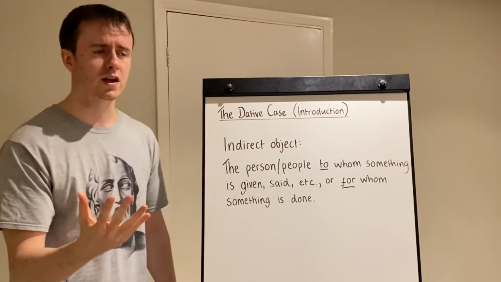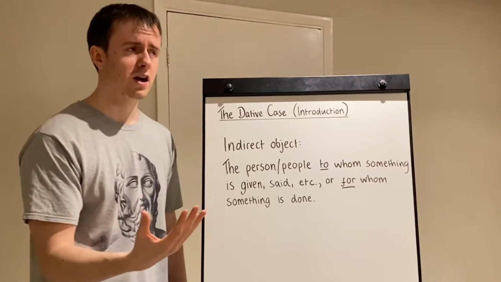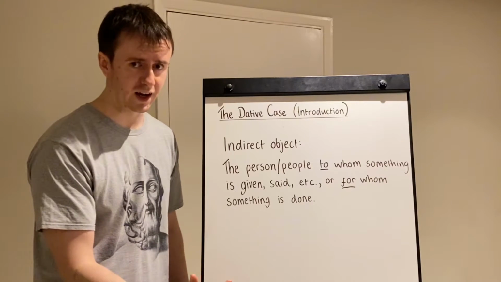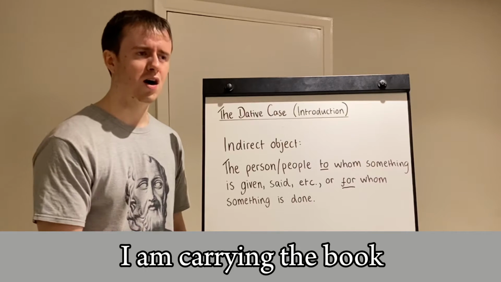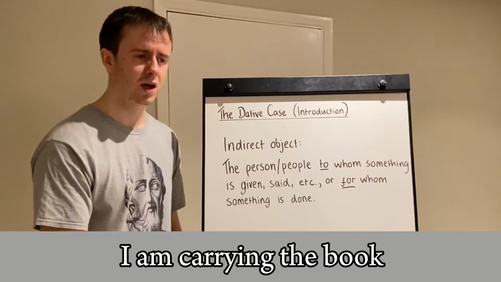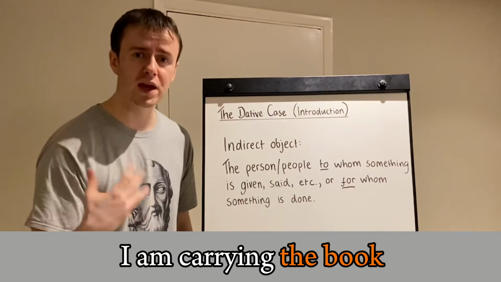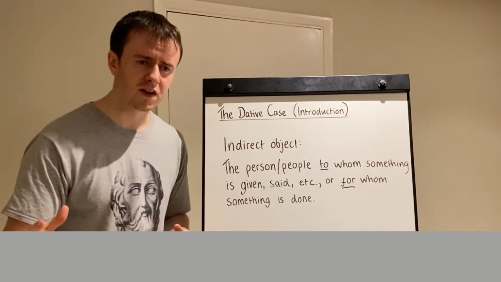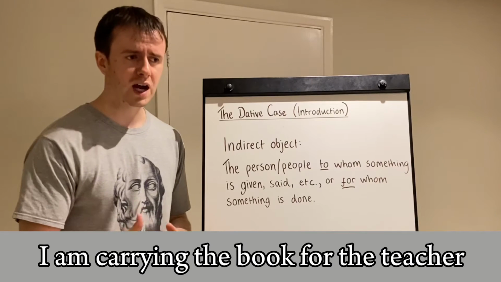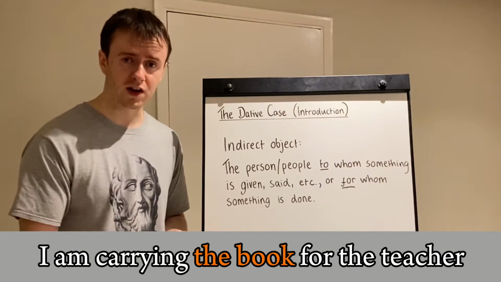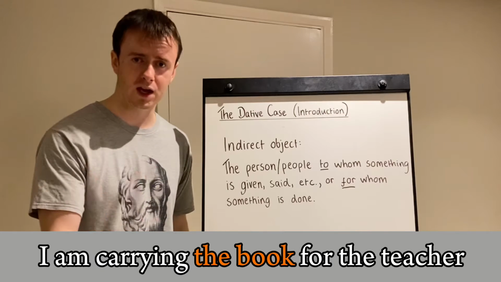And the difference is, the direct object is having the action of the verb done to it directly. So in the sentence, I am carrying the book, the book is the direct object because it is the thing being carried. But if we expanded that sentence to say, I am carrying the book for the teacher, there, the book would still be the direct object because it's the thing being carried.